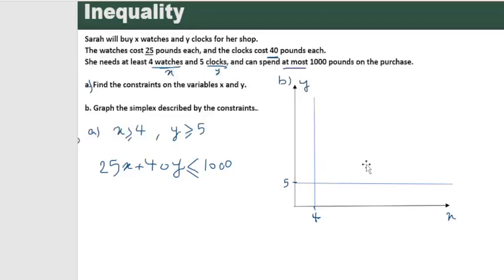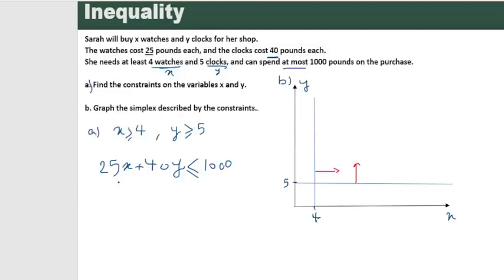So this region is where x is more than 4 and y is more than 5.